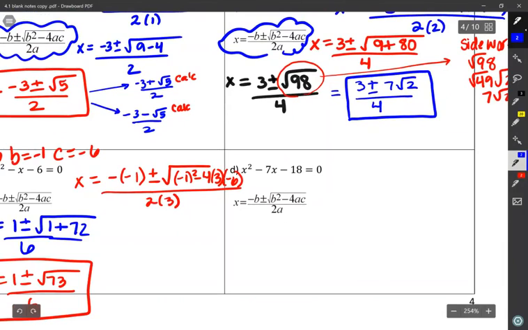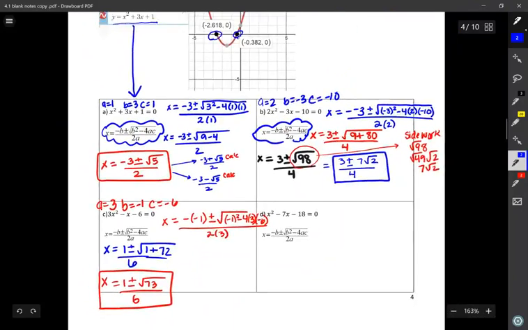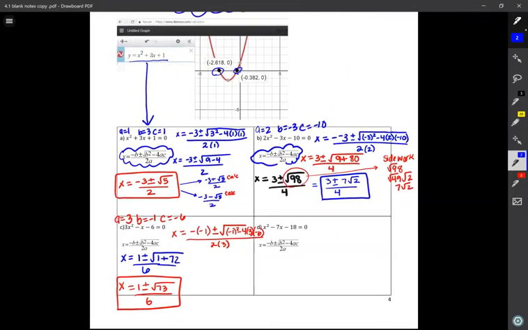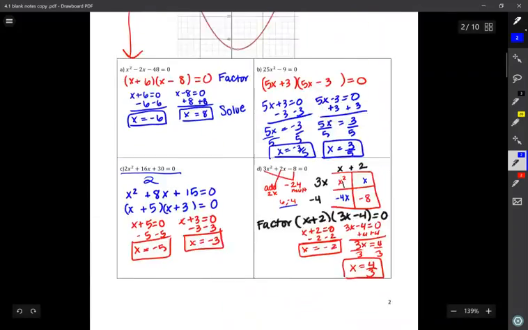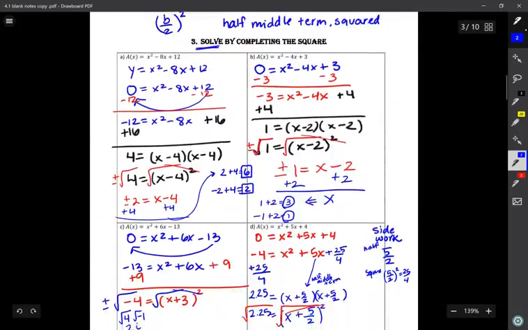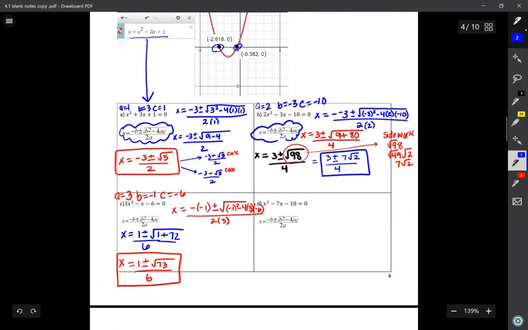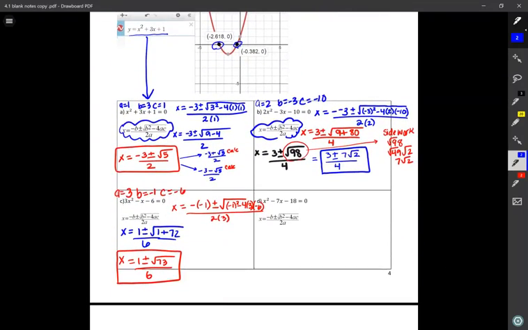When I give you problems on a test, you're not going to know if it is quadratic formula, factoring, or completing the square. So the first thing you always want to do is ask, can you solve by taking square roots or maybe factoring? No, can't do that. Can you solve by completing the square?